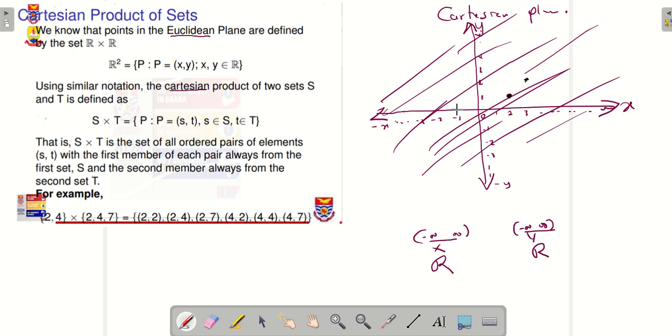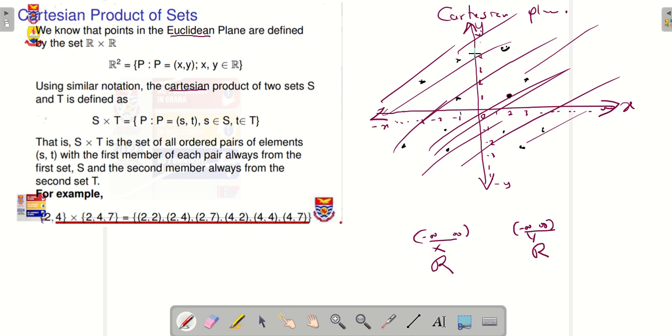Another point is (-1, 1), (-1, 4). Then you can see a lot of points. We have an infinite number of points in this plane.